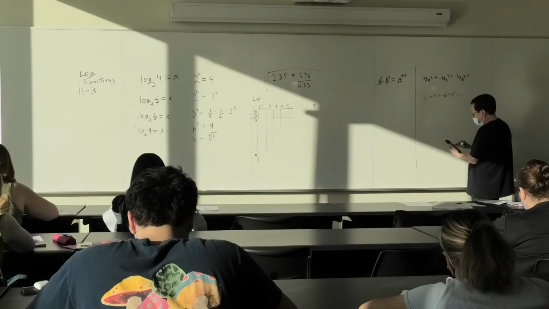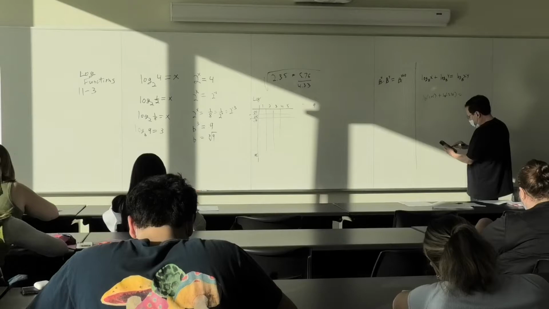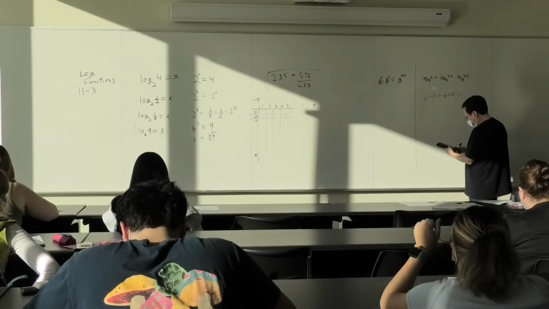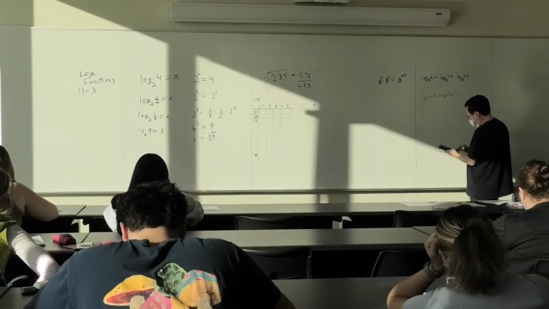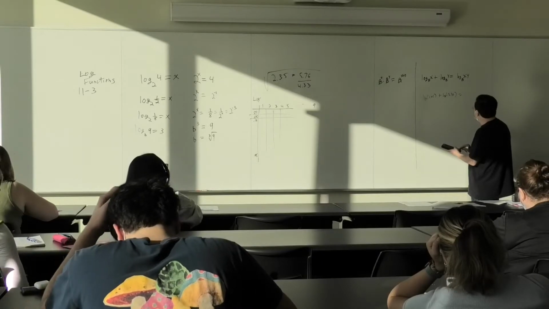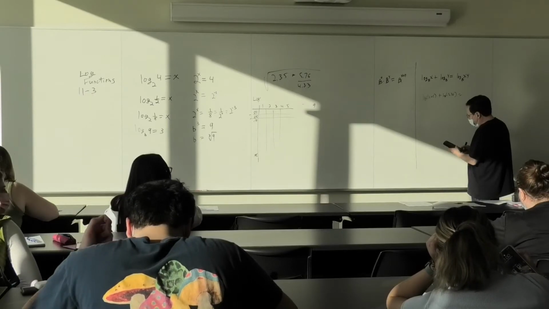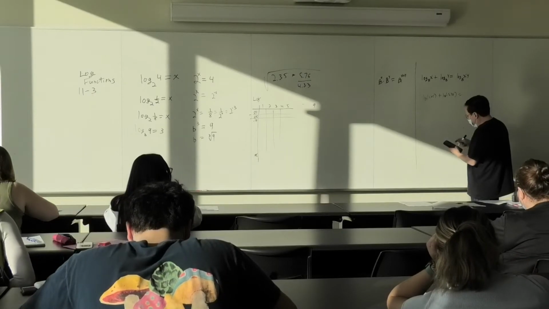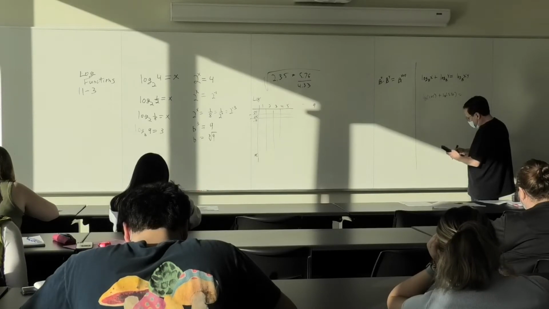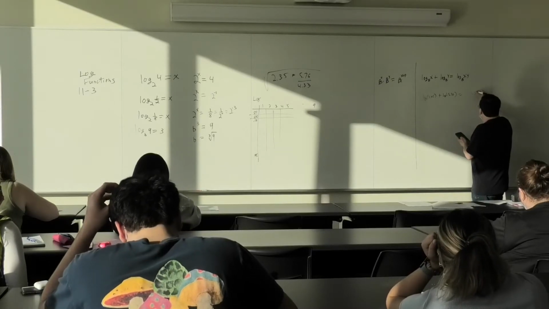I haven't done this in a while, because we don't need to do it anymore because we have calculators, but I find the log of 2.35, and I add it to the log of 5.76. I get 1.1131 something or other, and now I'm going to raise 10 to that. 10 raised to whatever I just got, and I get 13.536.